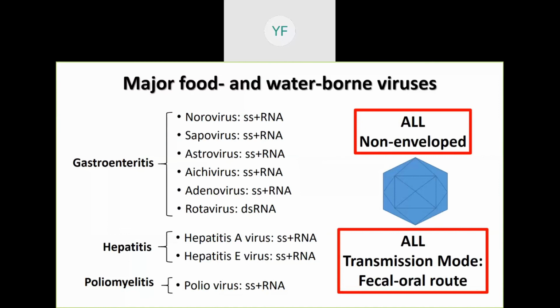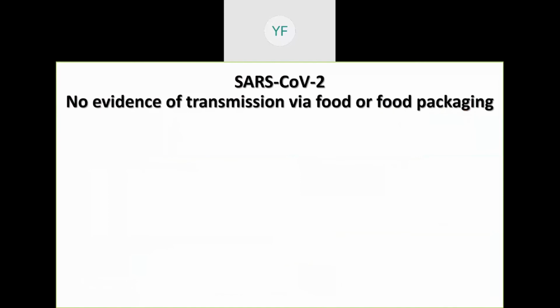So they're actually actively growing in your digestive tract. Since all of these viruses are non-enveloped, they can remain infectious on surfaces, in food, and in water for weeks to months.